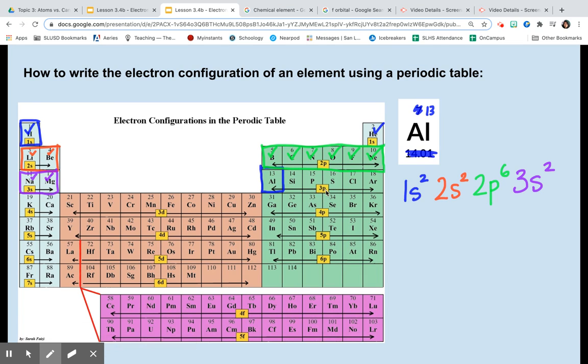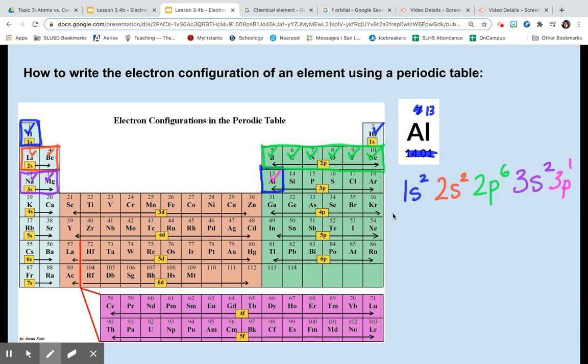So here I have 3p. I'm still in the third ring. This electron's moving in the P shape, and I have 1 electron moving in this shape. So 3p1. If I double check, my exponents should add up to 13. So 2 plus 2 is 4, 4 plus 6 is 10, 10 plus 2 is 12, 12 plus 1 is 13. So I have 13 electrons.